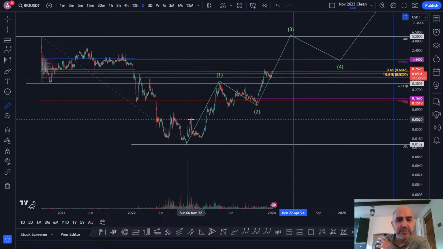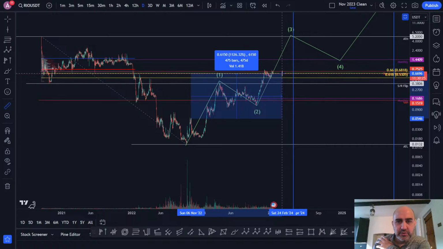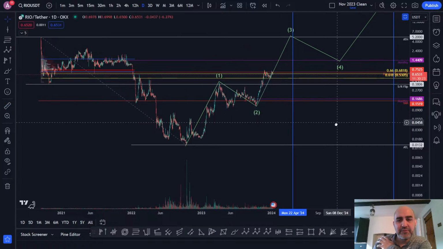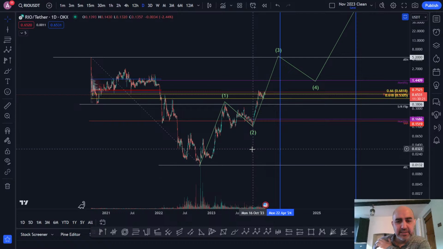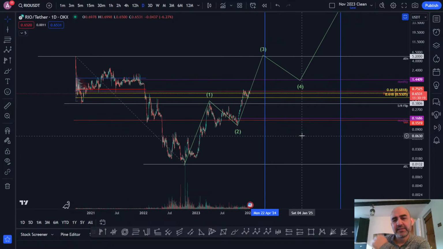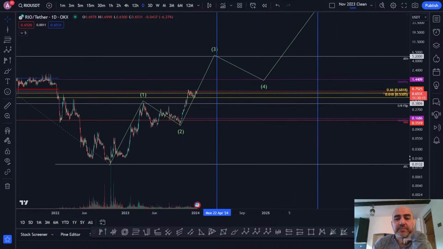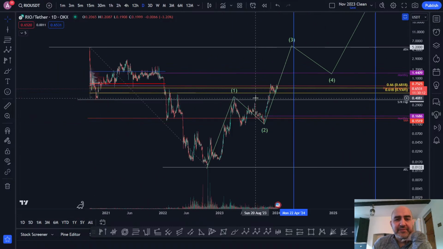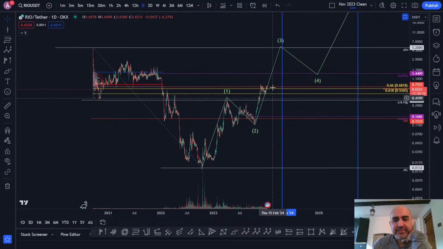And if you came in at the high of November, you're at 11x on your investment, and the profit hasn't been taken from this. It'd be very difficult to buy this without some significant TP, very difficult.